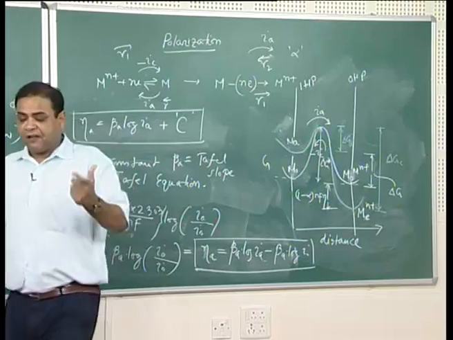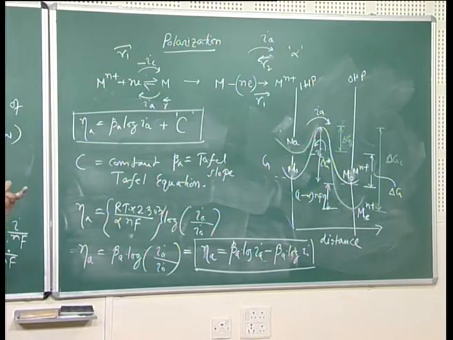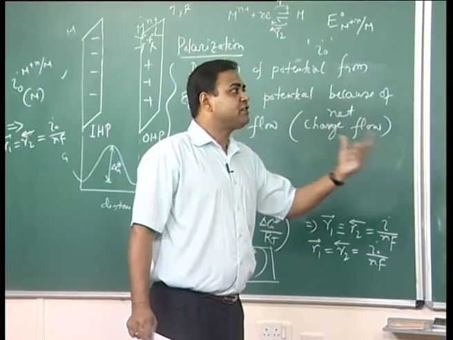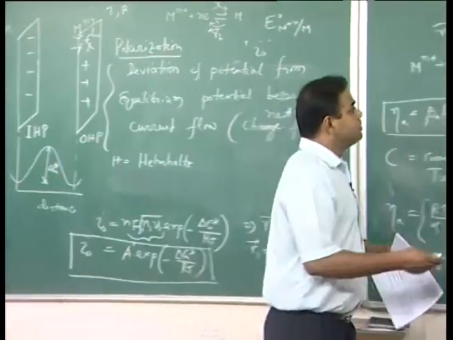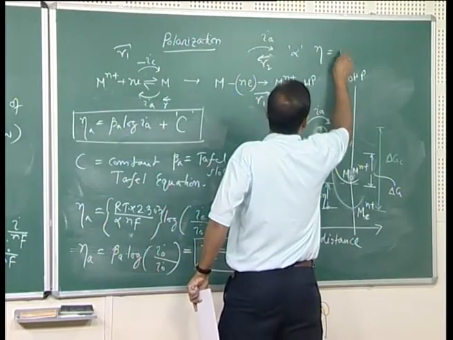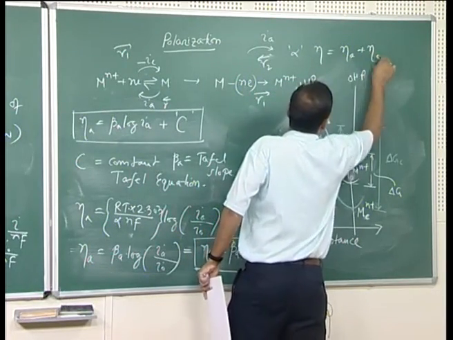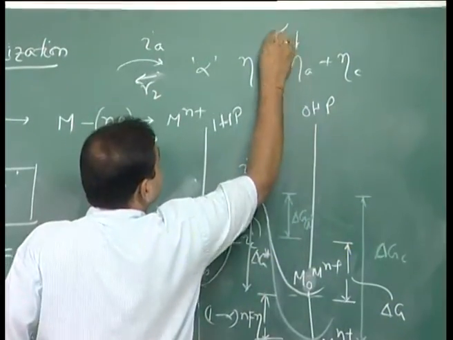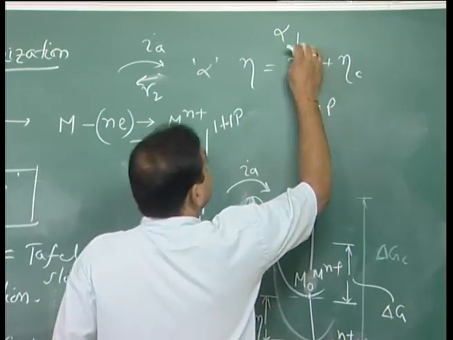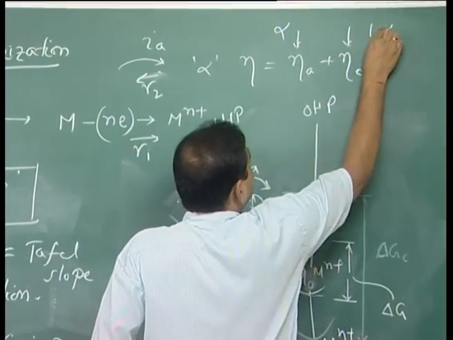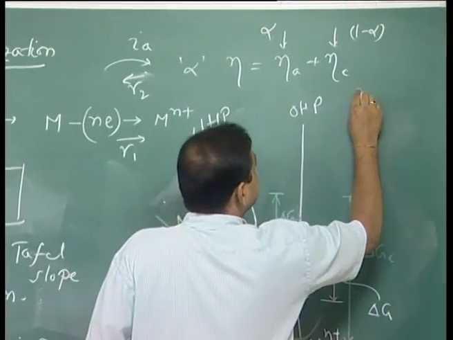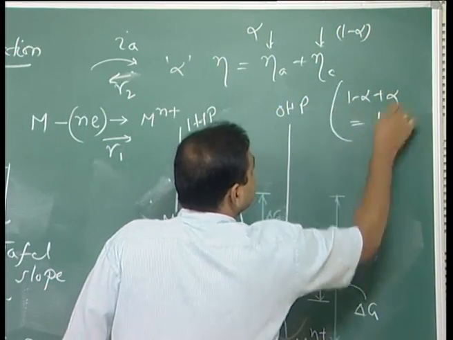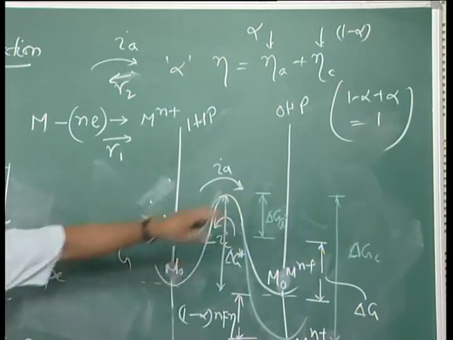That means if alpha is the extent of anodic polarization, and we know that anodic plus cathodic polarization is the eta, the total is eta A plus eta C. So if this contribution is alpha, in this case it would be 1 minus alpha. So 1 minus alpha plus alpha equals 1. This concept is also right.